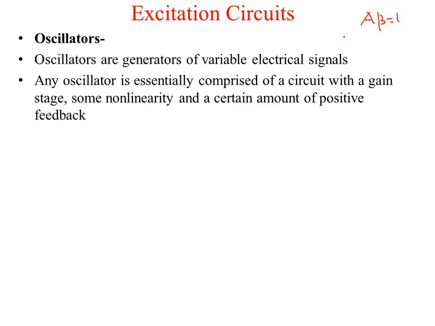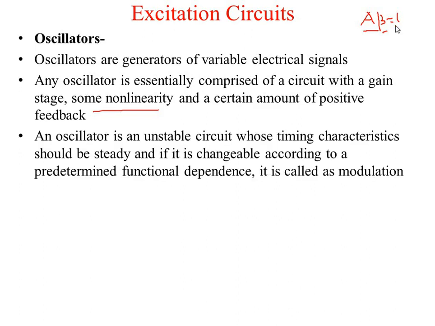So a gain is required, some non-linearity is required, and a certain amount of positive feedback. So gain into positive feedback must be equal to 1, and if that happens, we can say that the output will be generated without any input. That's why the circuit is called an oscillator.